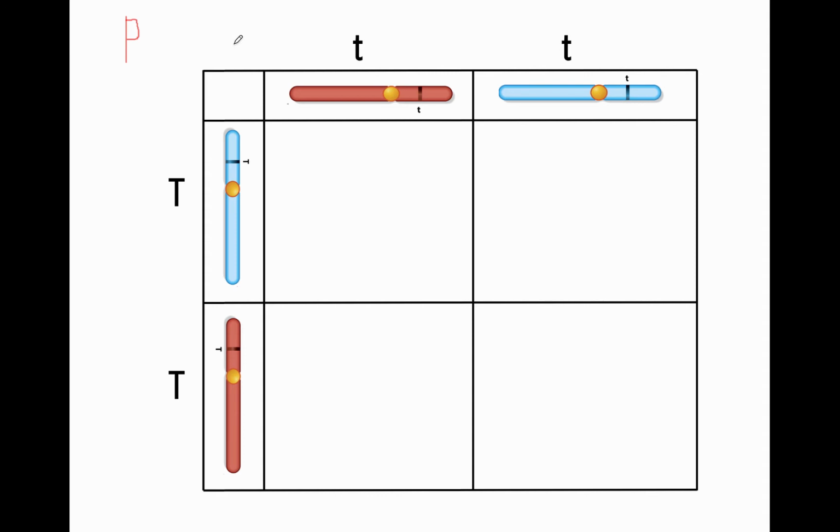So when the two big T's on those homologous chromosomes get replicated, and then the homologs separate, and then the sisters separate, each gamete can only have a big T if we're dealing with a homozygous dominant parent. And the other type of gamete that could be produced is going to be big T. You can only make big T containing gametes, but they could have the chromosome from mom or the chromosome from dad.